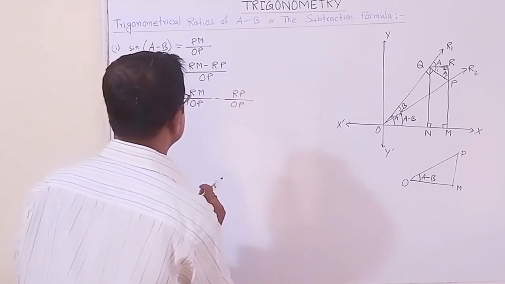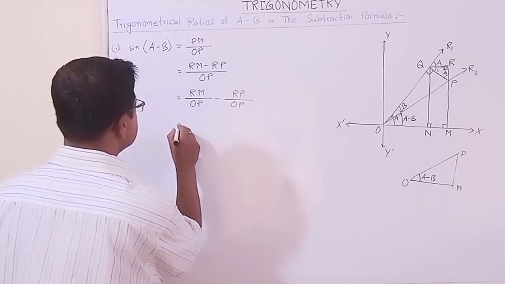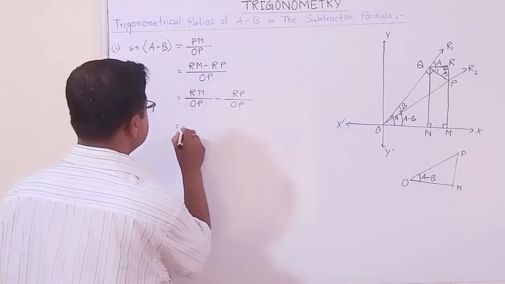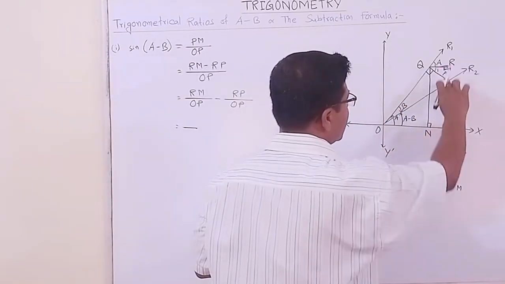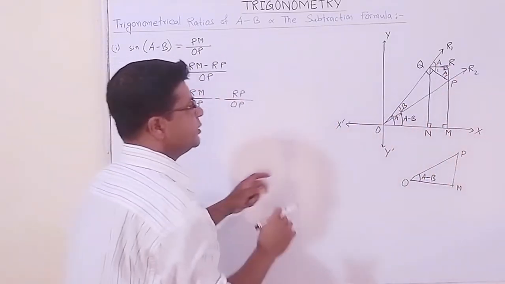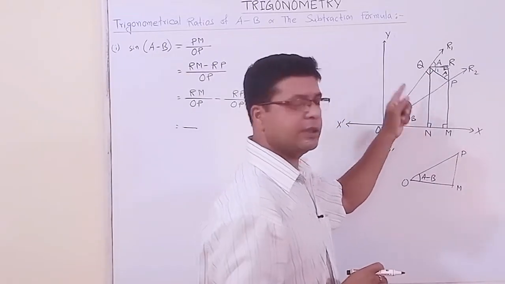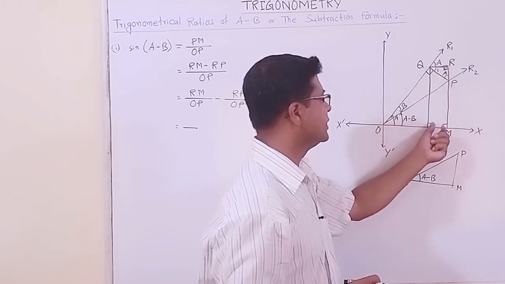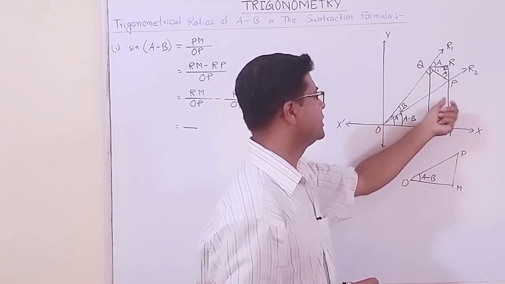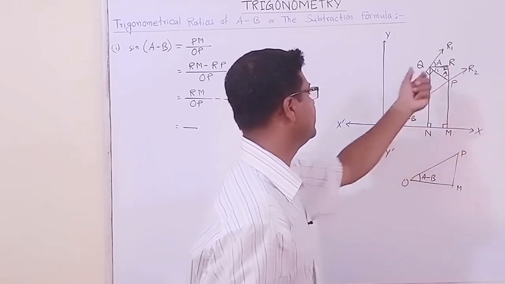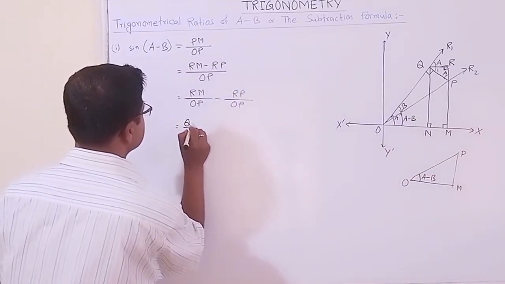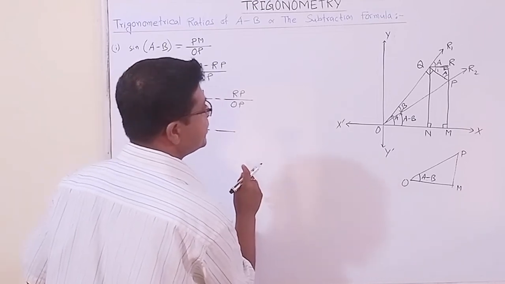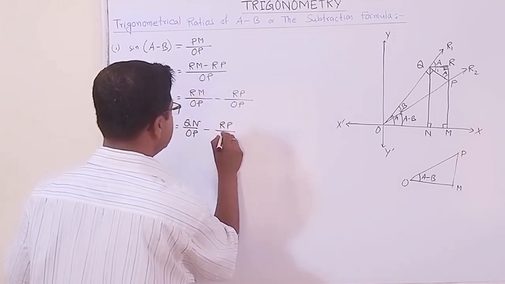Now here, in place of this RM we can write QN, because you see this is a rectangle. Already in the first figure we discussed these two sides are parallel, these two sides are parallel, each angle is 90 degrees, so this is a rectangle, so opposite sides are equal. So in place of RM we can write QN by OP minus RP by OP.